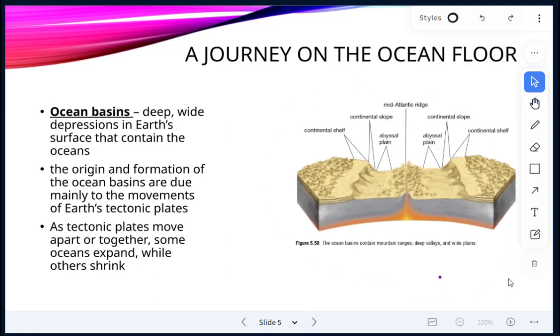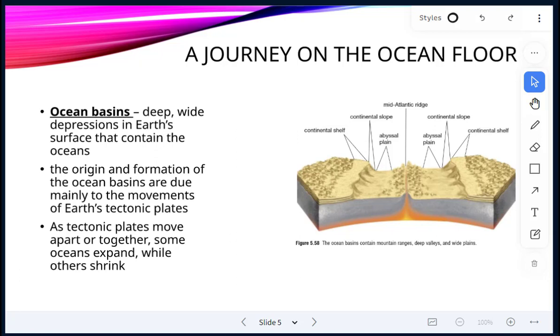Looking at the ocean floor, looking at ocean basins. Just looking at ocean basins, these are the deep, wide depressions in Earth's surface that contain the oceans. The origin and formation of the ocean basins are due mainly to the movements of Earth's tectonic plates.